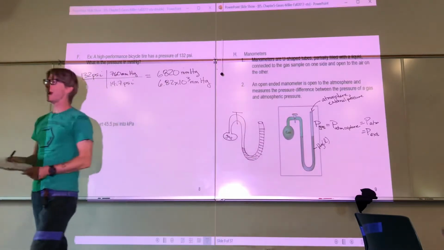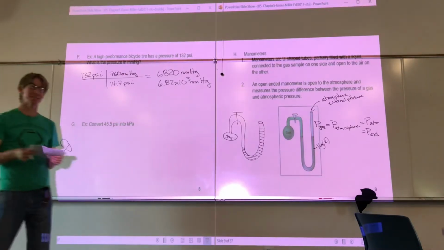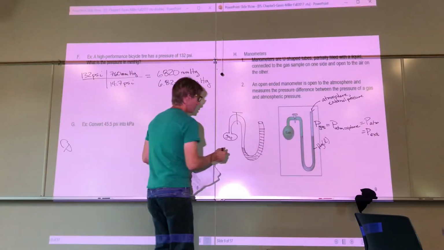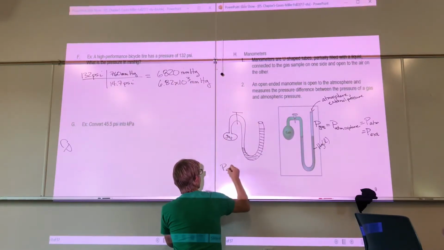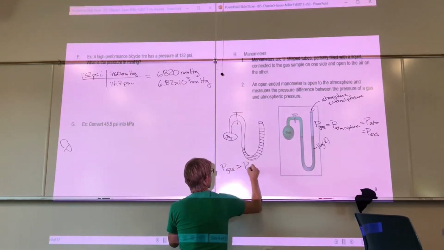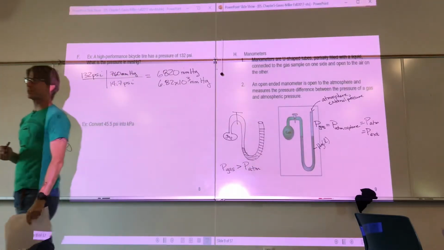Well, it's certainly not an art class if that's a picture that I'm drawing. My question for you is, based on that drawing, which has a higher pressure, the gas or the atmosphere? The gas does. So gas has higher pressure. So the pressure of the gas is greater than the pressure of the atmosphere.